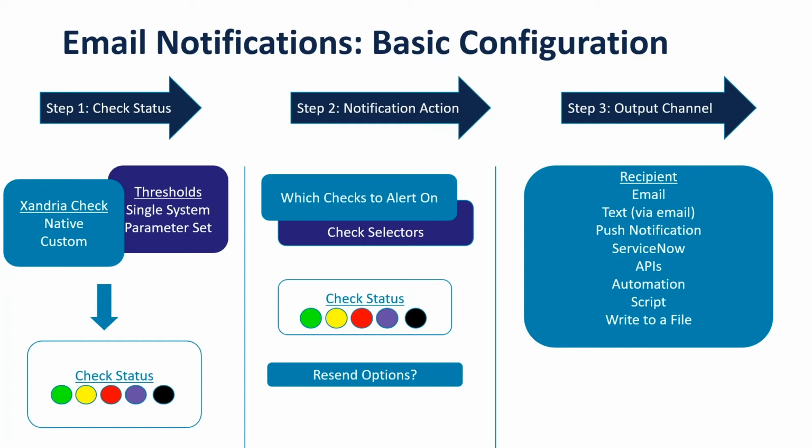It could be to run a script. It could be to write to a file. So output channels and notifications are more than just emails. It's a way for the Avantra system to interact with automation, third-party systems, maybe just writing things to a file, or to alert via text or email.